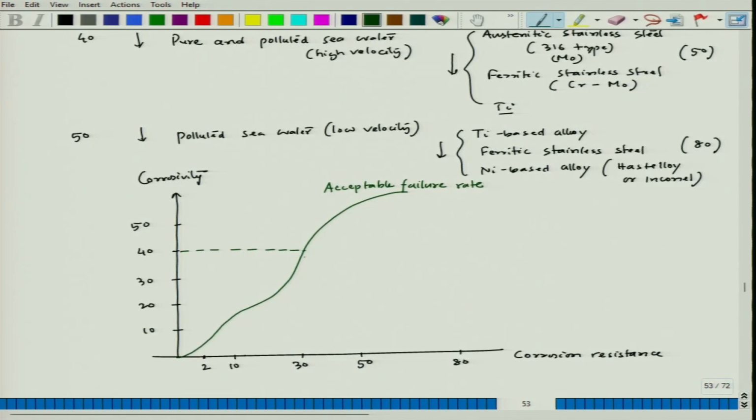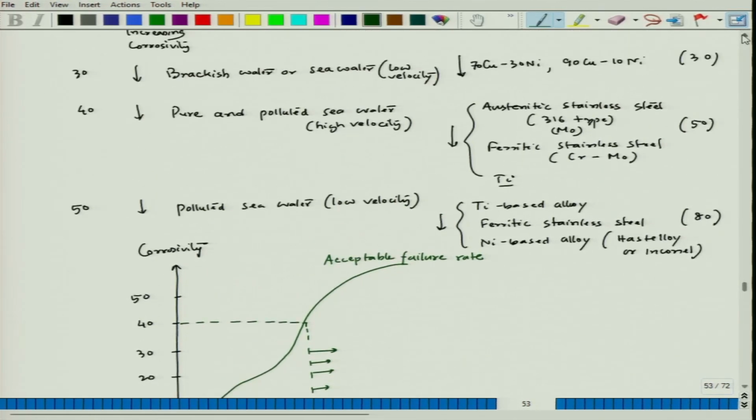Now, correspondingly, if we project it on the x axis, the corrosion resistance axis, I could see on the right side all those alloys, the 50 as well as the 80. So that means something is applicable for pure and polluted seawater with high velocity, where the pitting tendency is less compared to the low velocity or stagnant case.